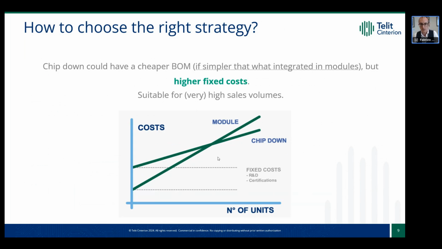So you have to be sure that your forecast will be met. Otherwise, you will end up choosing, for example, a chip-down approach, but you will end up having costs that are much higher than the module approach or smart module approach. They are the same in this slide.